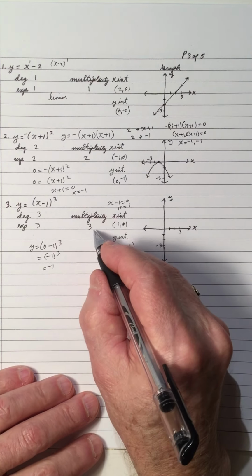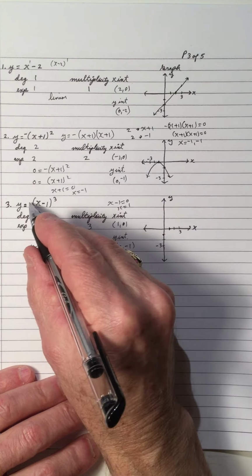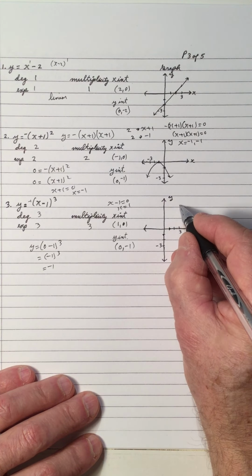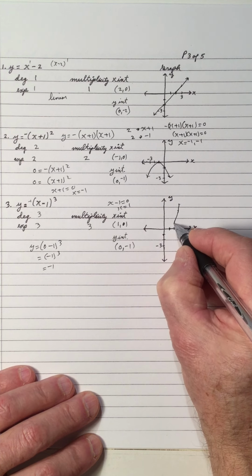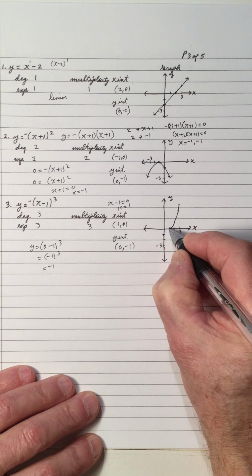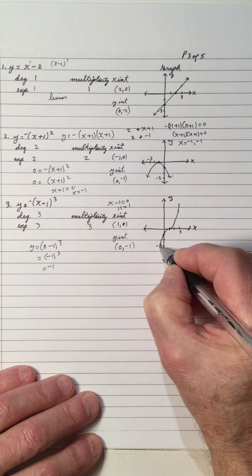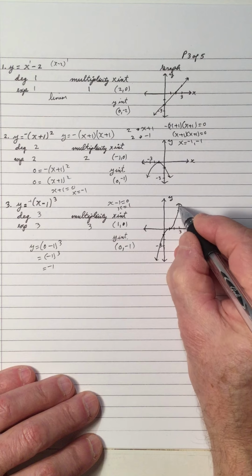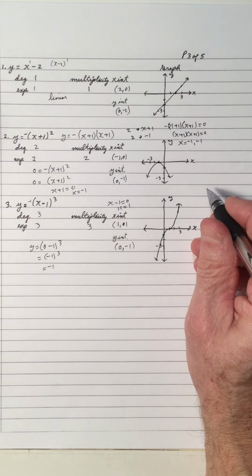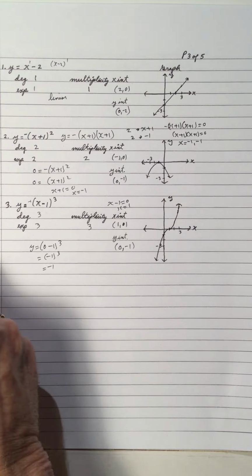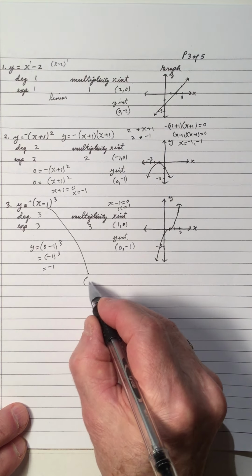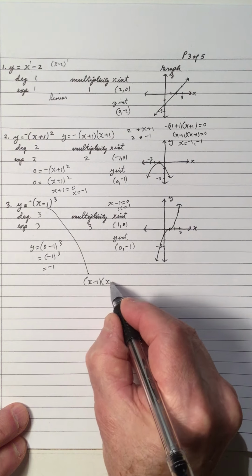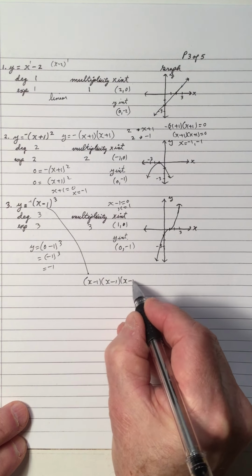And this is a cubic, and because it's positive, it's going up from here. So it comes down, and as I hit this x-intercept, again, it's a sideways S. So there's the graph of it. And to illustrate that, if you think about it, I got an x minus 1, x minus 1, x minus 1.